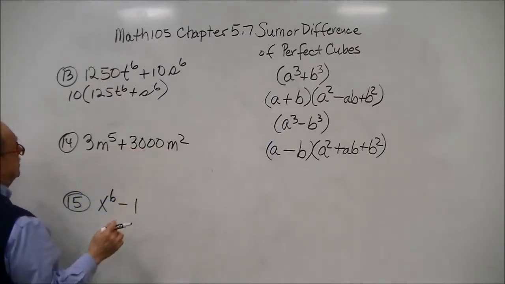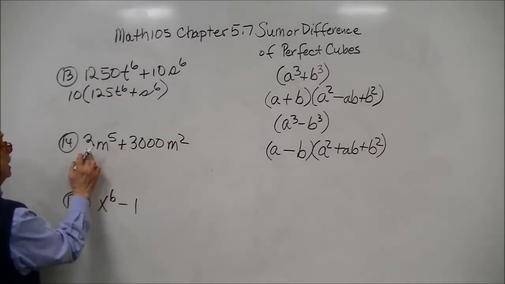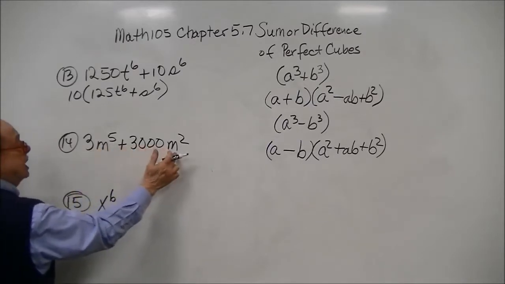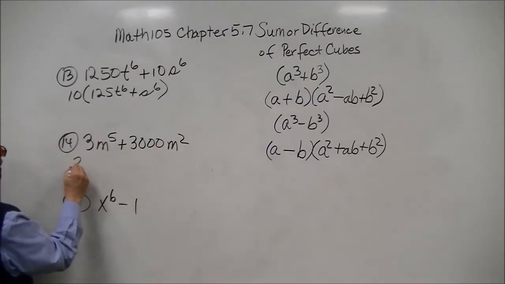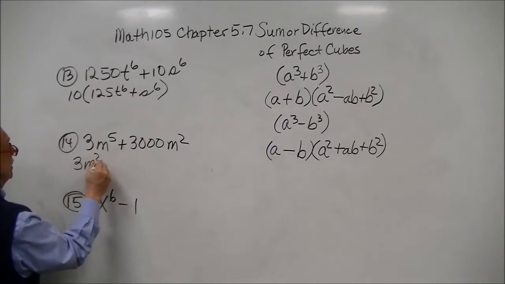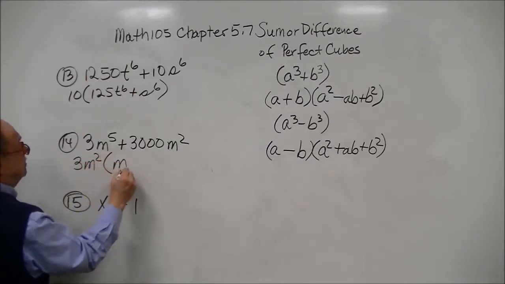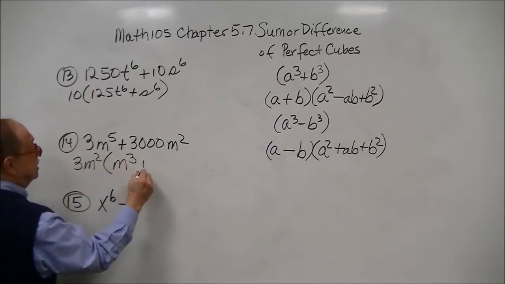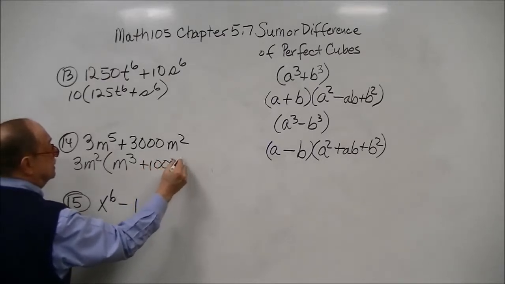Here we see that we can factor out a 3m squared. And then we get m to the third plus 1,000.